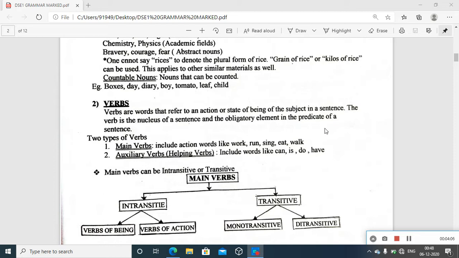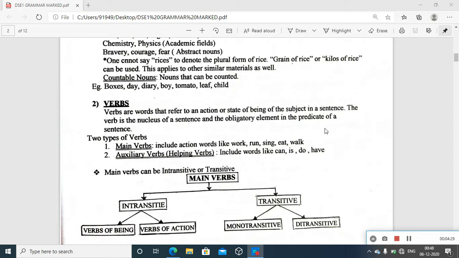Now, the second main category is auxiliary verbs. Please note down the spelling: auxiliary. Auxiliary. How can we refer to them? What is another name for this? Helping verbs.